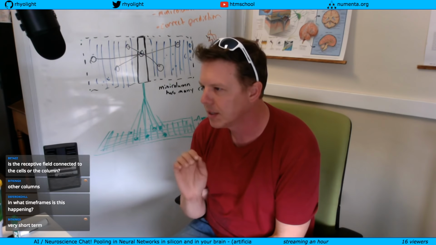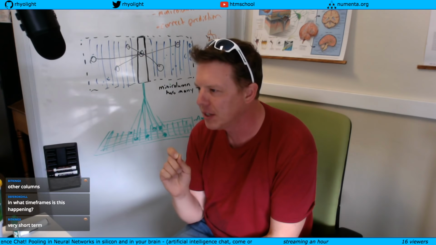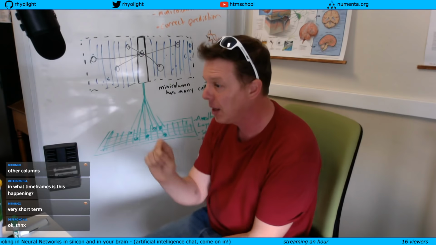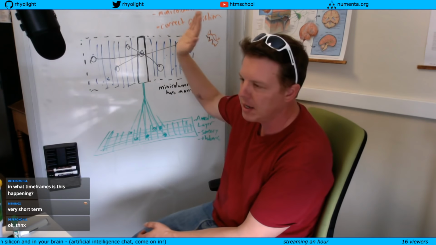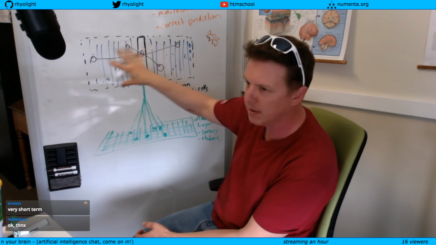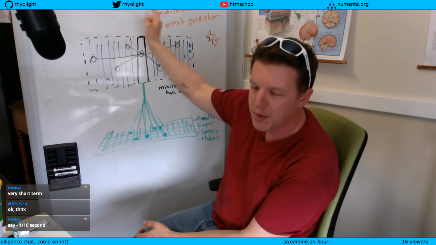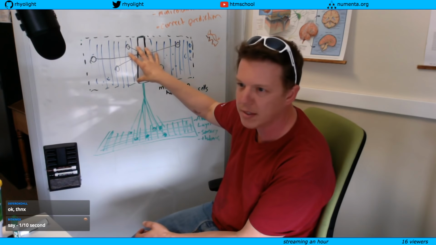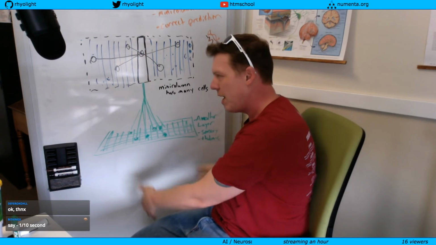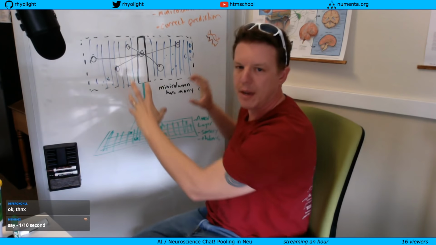Okay, let me take some questions. Are the distal connections in each cell connected to cells in other columns? Not in other macro columns, not in other cortical columns at this level. There are distal connections in other layers between cortical columns, yes, but not in this mechanism that I'm teaching right now. This is all happening within one layer of a cortical column.